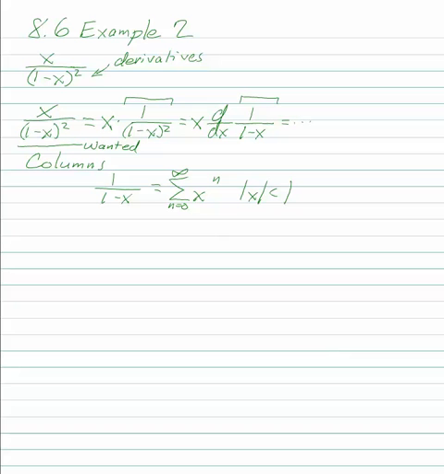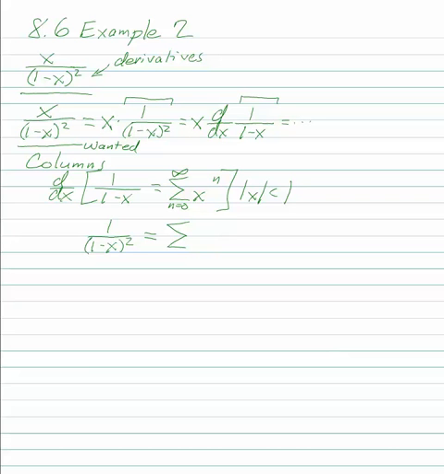So if I want to look like our original problem up at the top, I think I'm going to have to take a derivative. That's how I'm going to get this squared outside. So I'm going to take the derivative of both sides of my equation. When I take the derivative of the left, I get 1 over (1 minus x) squared, and that's going to equal the derivative of the right.